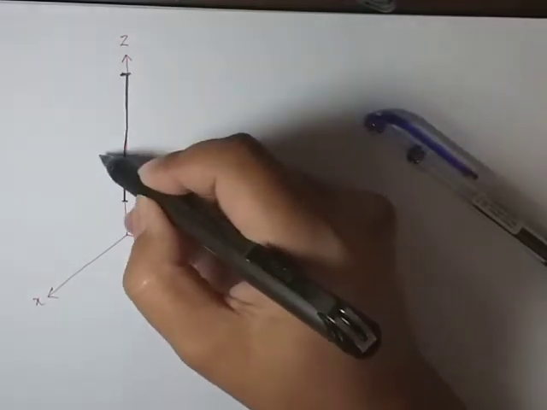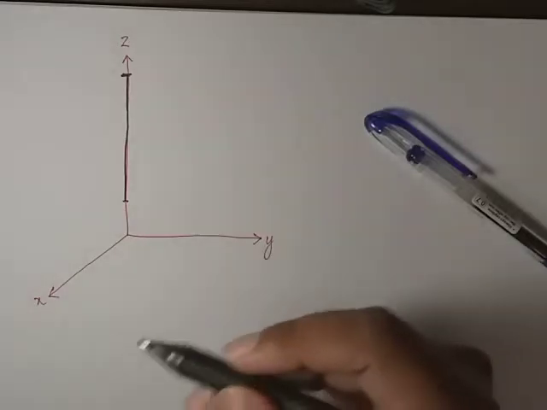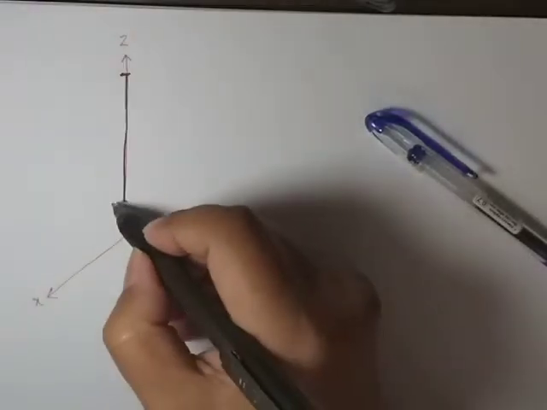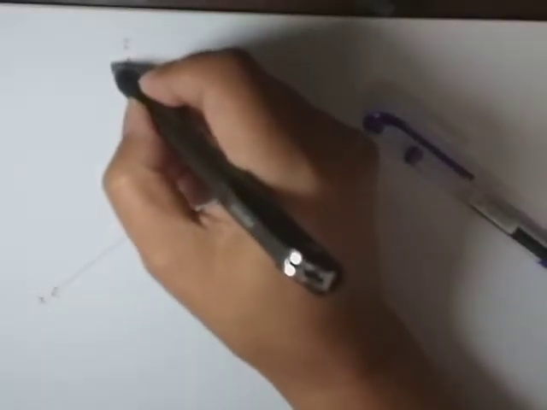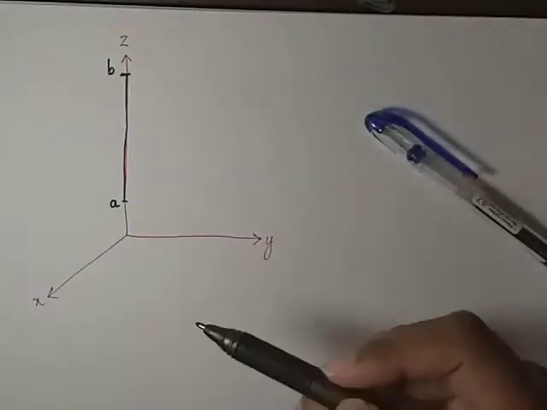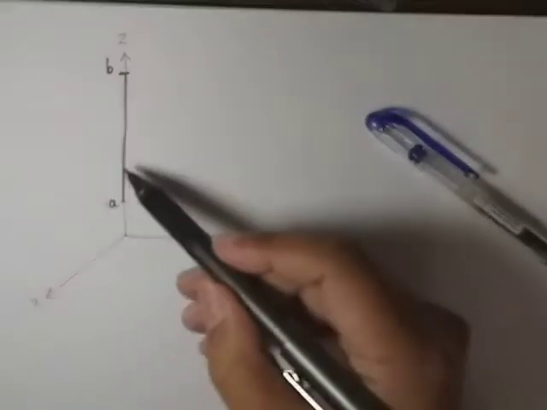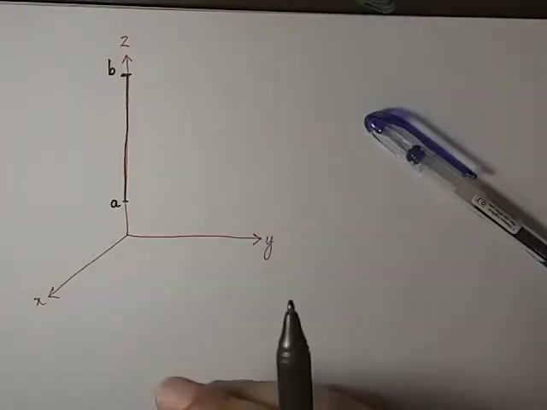The length of this line charge is denoted as h. Just to make it easier for labeling purposes, I'm going to say it's starting from A and ending at B. And I know that B minus A is equal to h, and this line charge has density rho L.